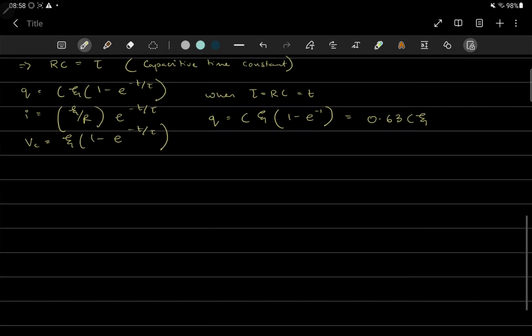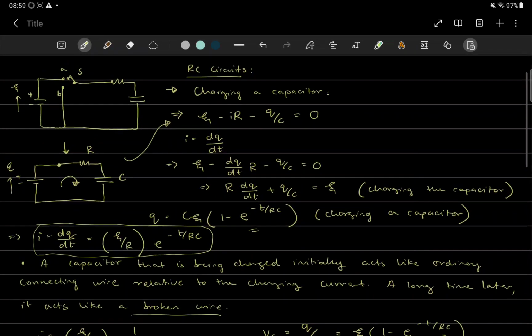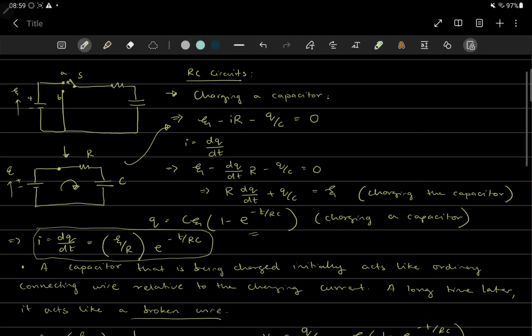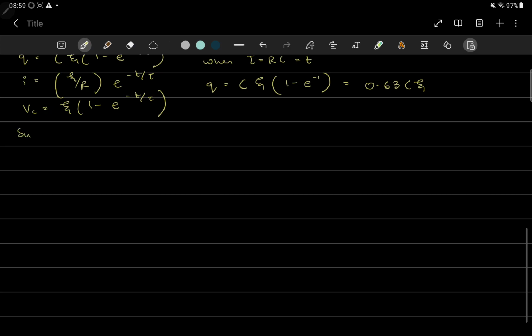Okay, so now the next thing that we will do is we will switch the switch to B, right? And this would mean that now your circuit will just become the resistor, the capacitor, and that's all, because you are no longer connected to the battery, right?